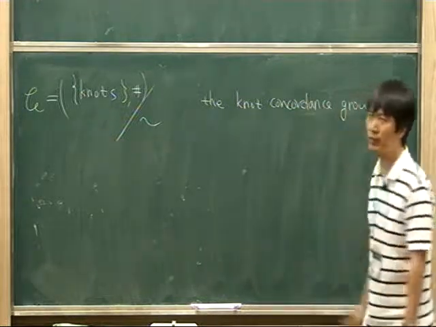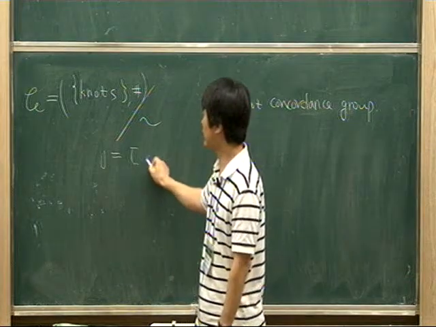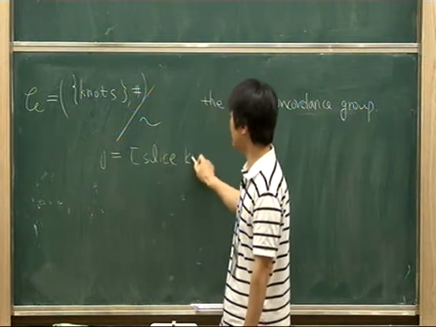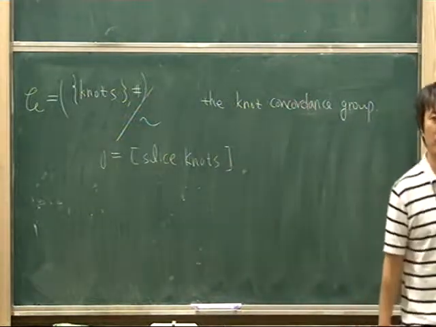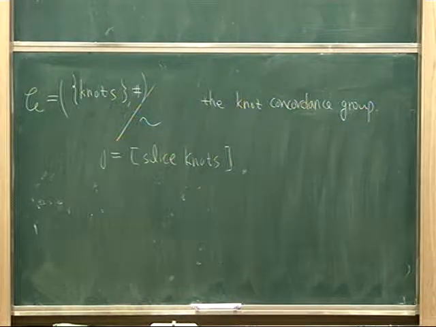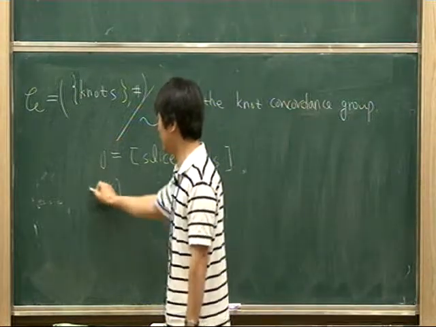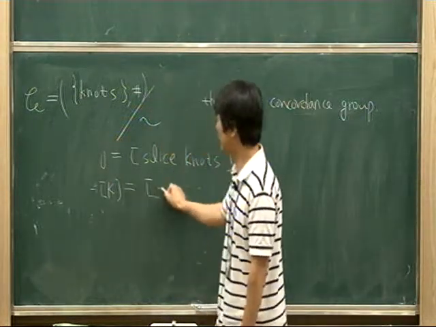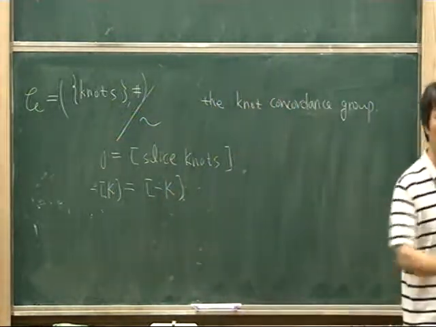So this is a group. So what is the identity? The identity is the class of slice knots, knots which bound topologically locally flat two-disks in the four-ball. And for the class of K, its inverse is the class of minus K. Again, minus K means the mirror image of K with reversed string orientation.